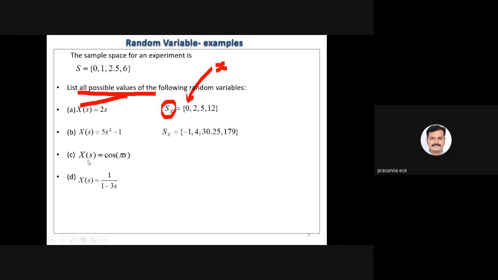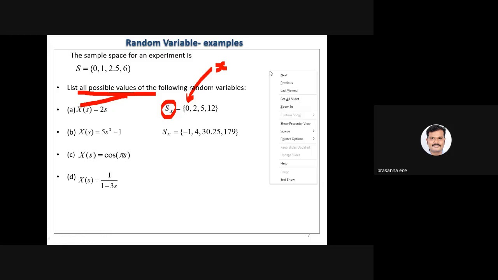What are the values for x of s in the third one? That is cos pi s. Cos 0 is 1, cos pi is minus 1, and the later values give 1, minus 1, 0, 0, 1.